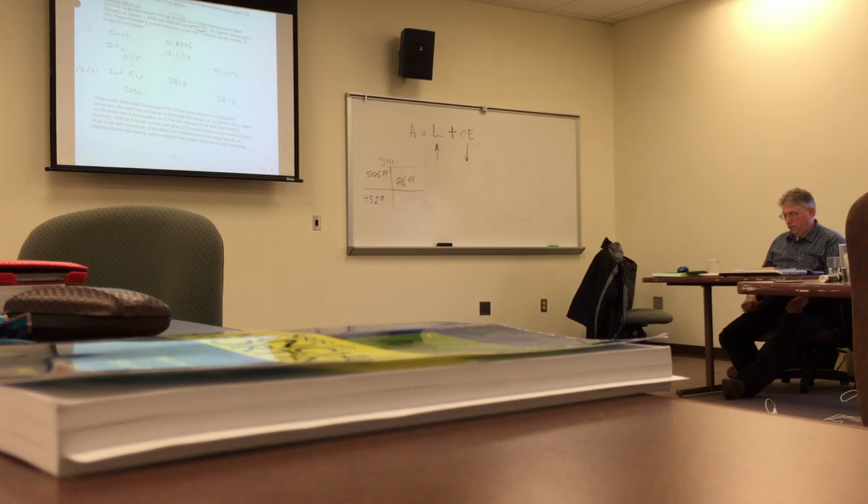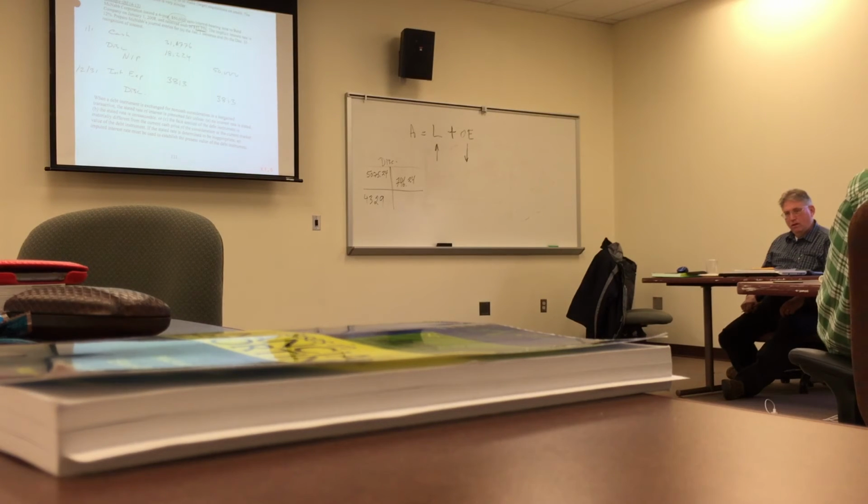When a debt instrument is exchanged for non-cash consideration, so instead of getting cash, you issue a note for a piece of machinery, equipment, whatever it may be, then they're going to use the stated rate of interest as the effective rate of interest.